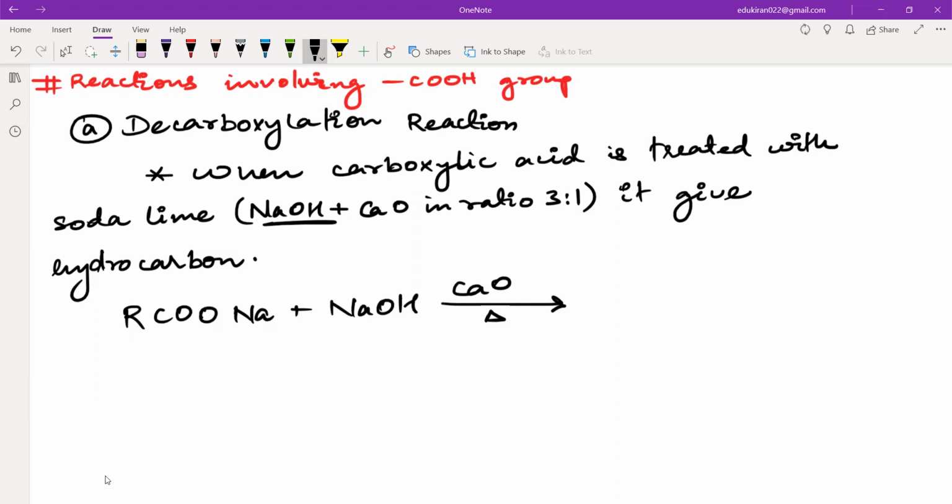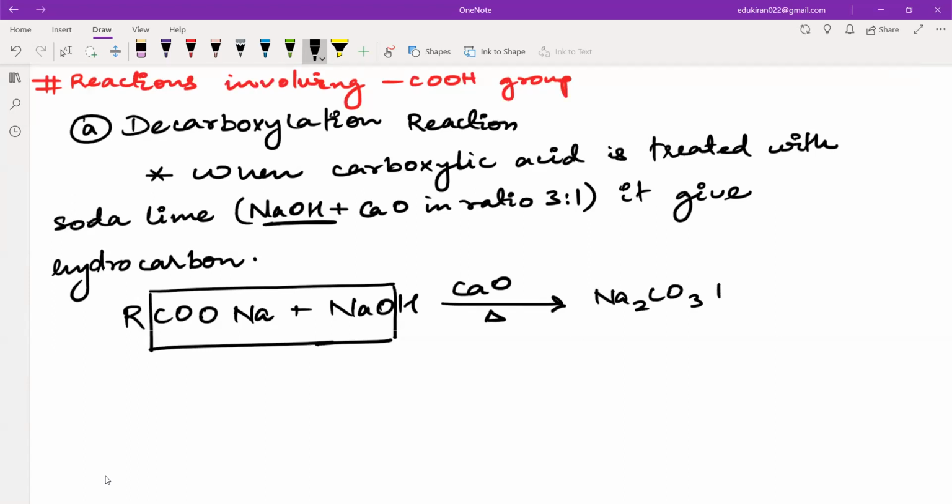Then what happens? Na2CO3 is formed. And what is remaining? RH is remaining.